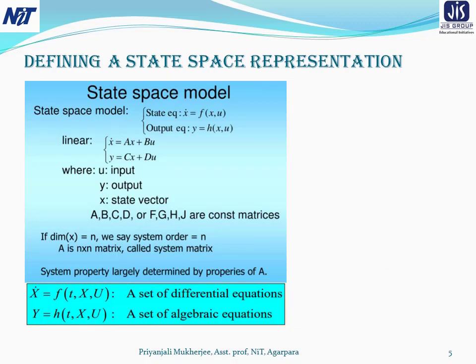During the analysis and performance of the control system, which we have discussed in earlier classes, was based on the transfer function model and the graphical approach. The graphical approaches may be the root locus, the Nyquist plot or the Bode plot, and those approaches are called the conventional approach.